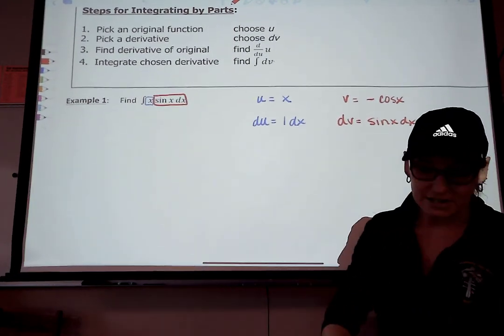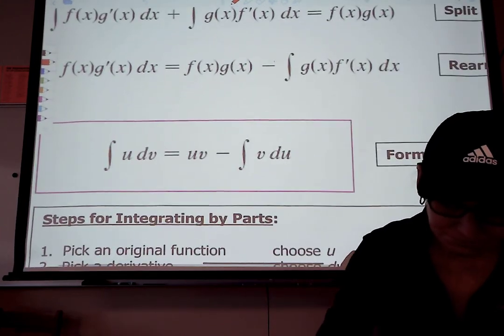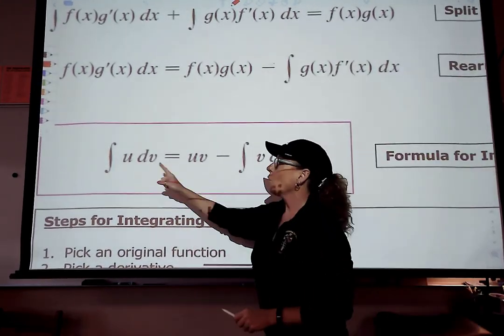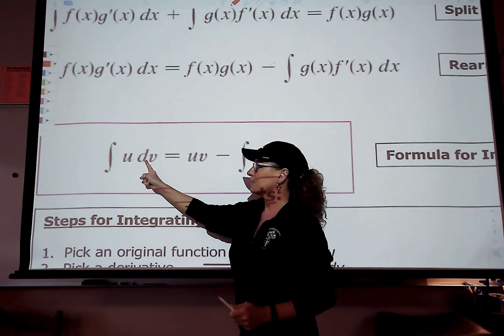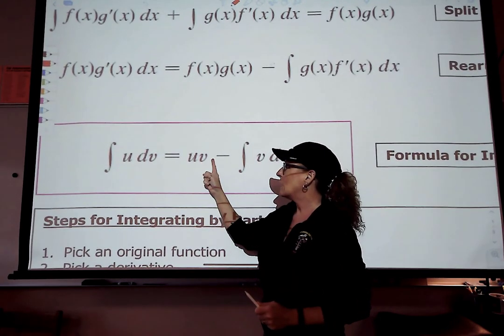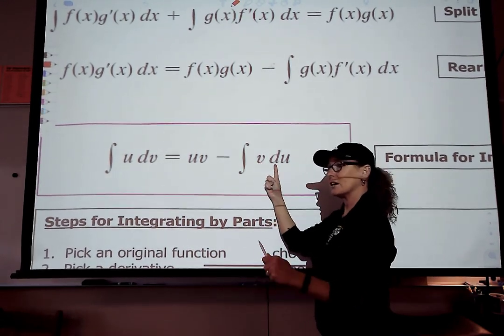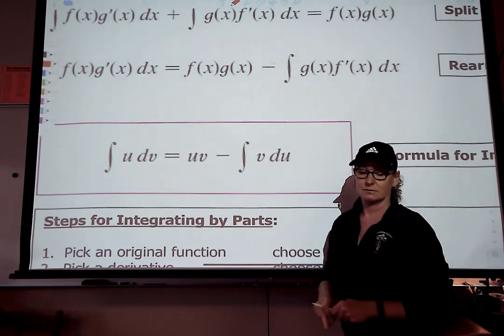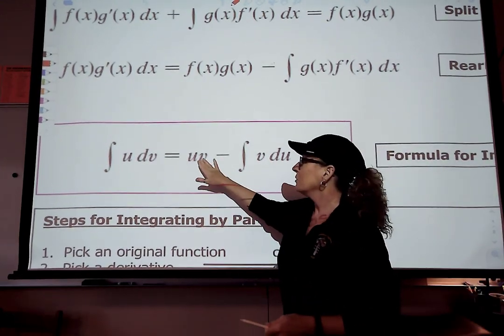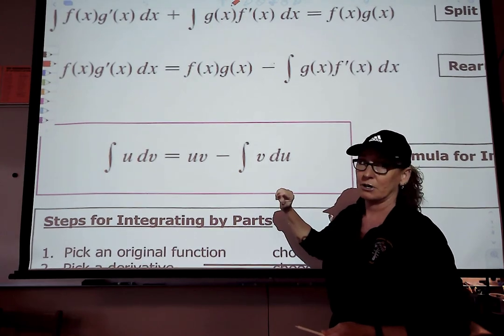Once I have that little rectangle filled out, here's what I'm going to do. We picked an original, we picked a derivative. Here's what we're going to write. Original times original minus the integral of this original times this derivative. So uv minus the integral of v du. You're going to have to memorize that.